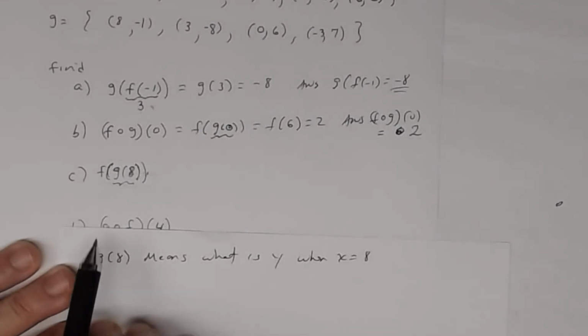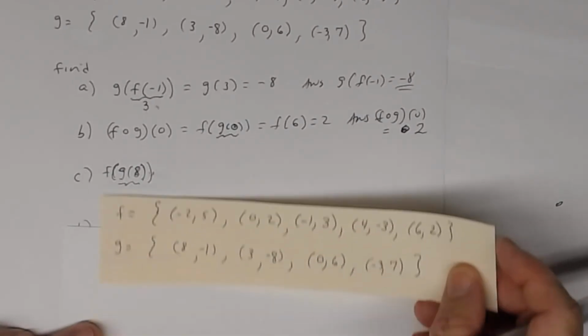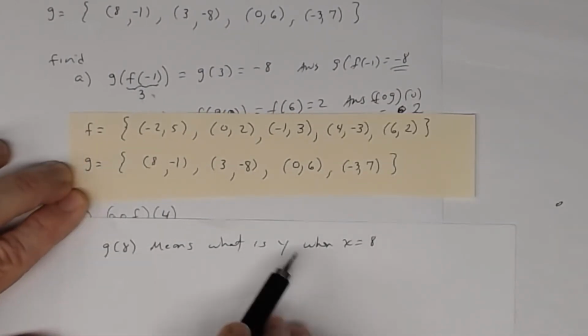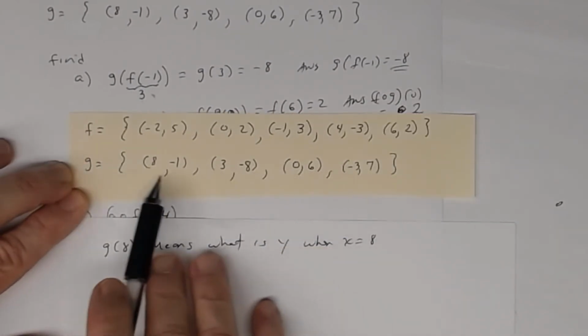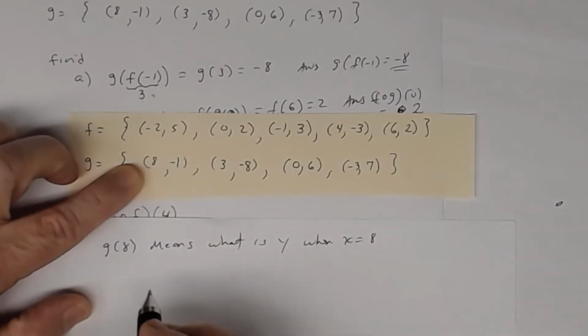But I got to go to my function g though. So my function g is this one. So when x is 8, I got to find the ordered pair where x is 8. There's where x is 8. So my y value is negative 1. So g of 8 equals negative 1.